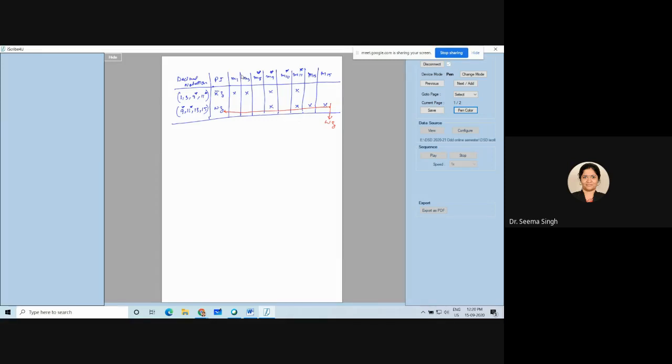Now let us again concentrate on our remaining terms, that is M1 and 3. So either of these we can see and select our EPI. So let me take M1 only. M1 is being covered by only one prime implicant and it's not being taken care of by anybody else. So if I take this M1, what does it give me?